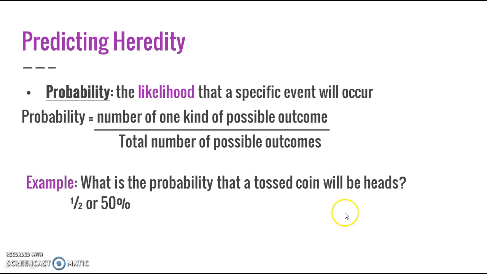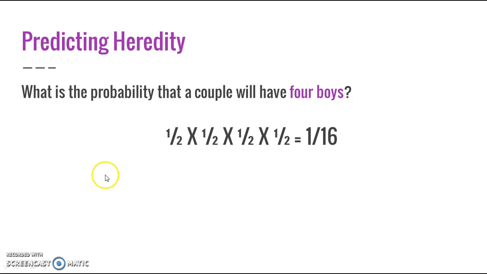Now, we can take this a little bit further and ask ourselves about the probability of a couple having 4 boys. Having a boy carries the likelihood of 1/2, and in order to find out the likelihood of multiple events all occurring together, we're going to multiply. So the likelihood of the first boy being a boy is 1/2.